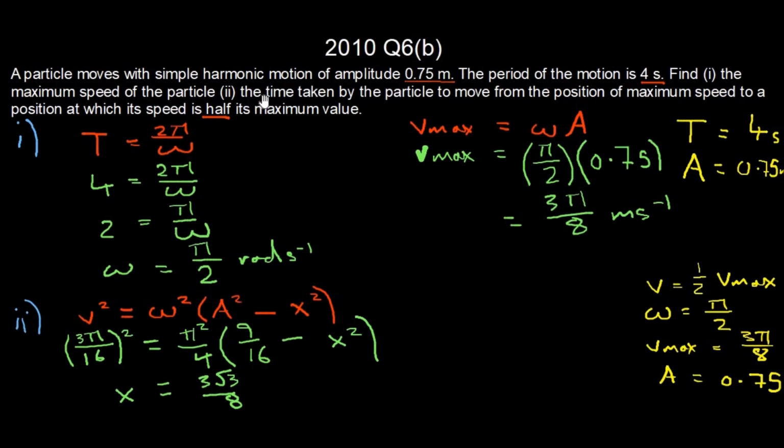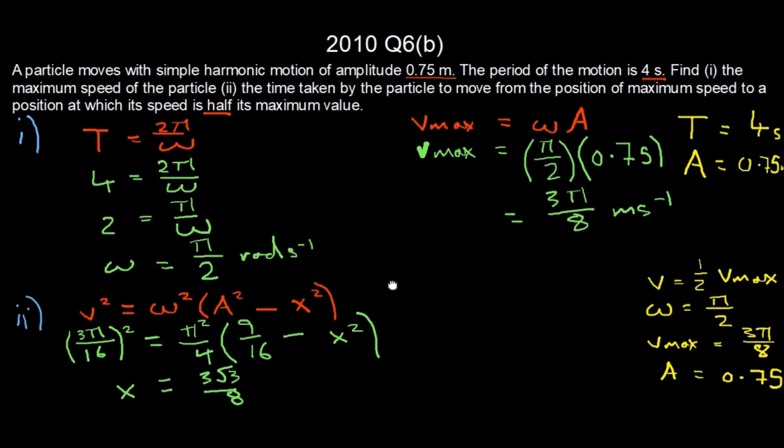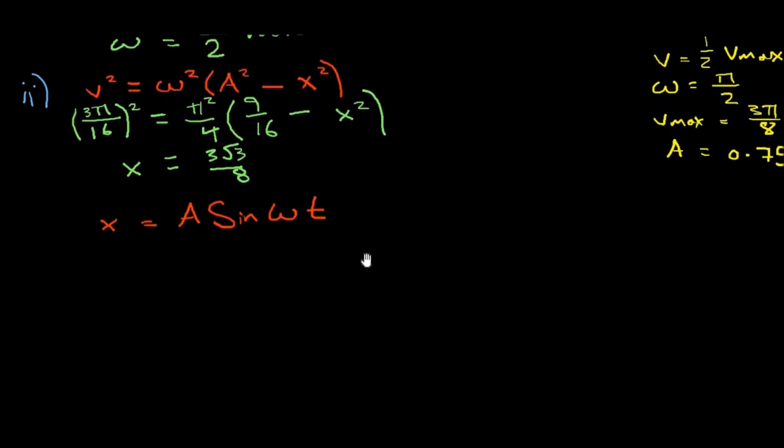Because look, it's asking the time taken by the particle to move from the position of maximum speed to a position at which its speed is half the maximum value. So I'll draw this again to show you. You have a pendulum, the 3 parts of a pendulum. You have 2 extreme points, and you have the equilibrium point.